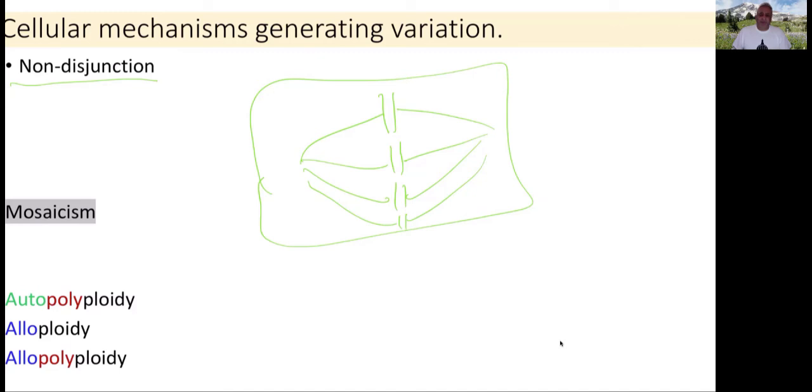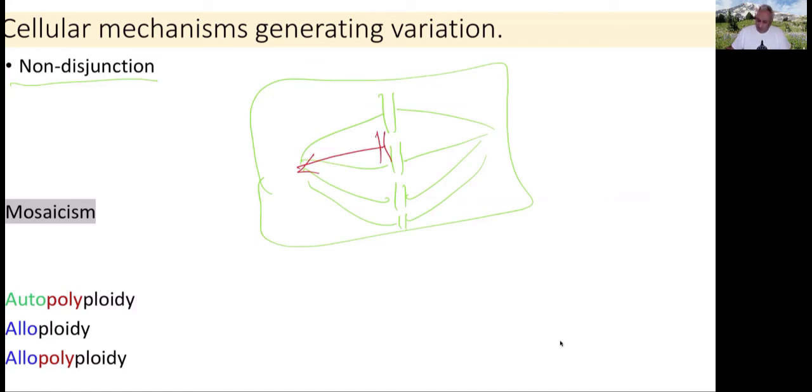But sometimes, we'll do that in a different color, chromosomes end up being pulled in one direction only. So that chromosome there won't be separated in anaphase, and it'll be pulled towards one pole and not the other. And it depends on when this happens.